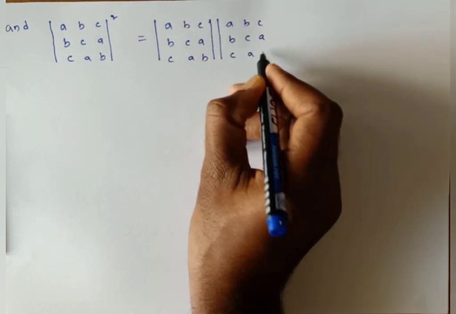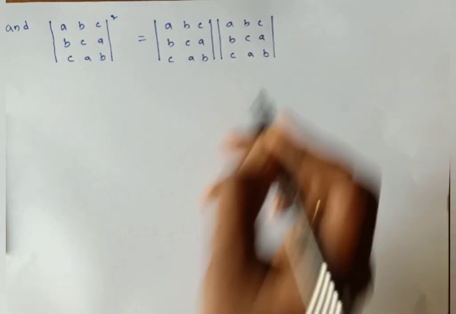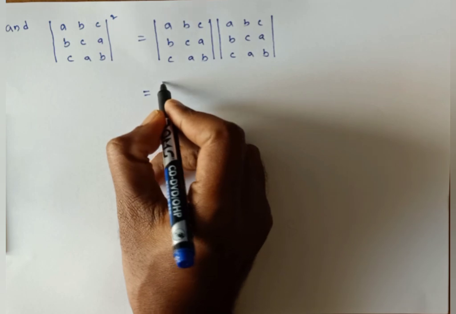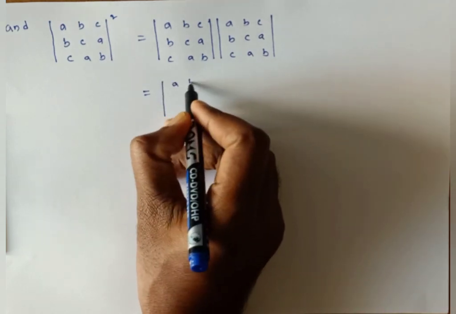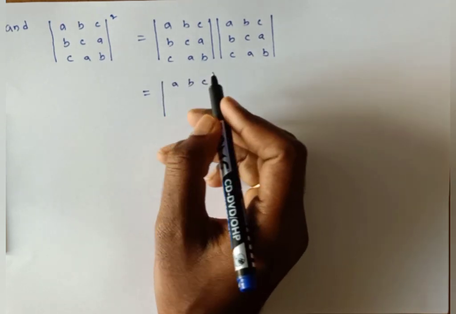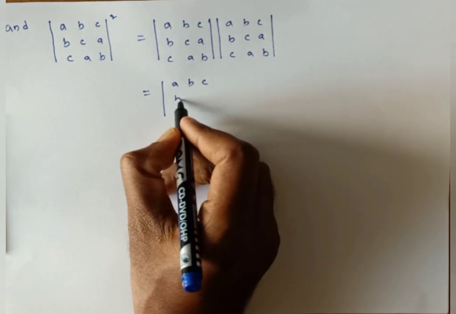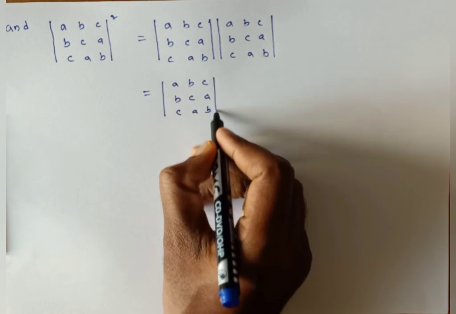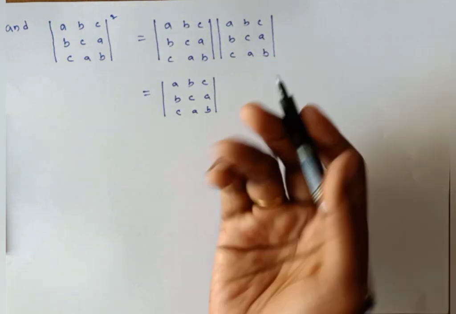and c a b. Now let this be as it is. Let us change something in the second determinant. Here we can do only the interchanging of rows or columns.